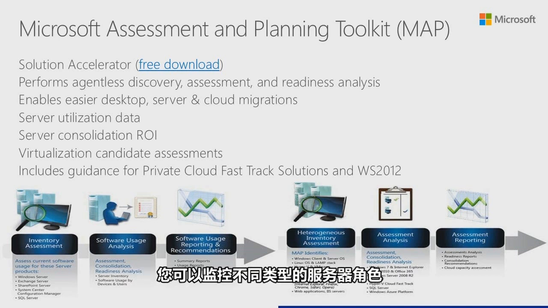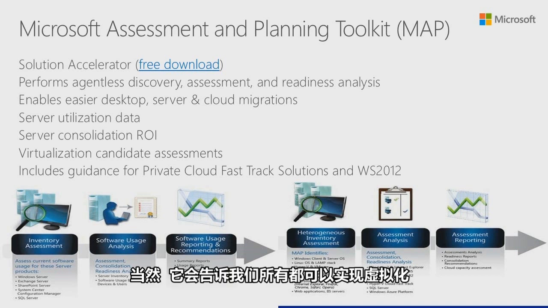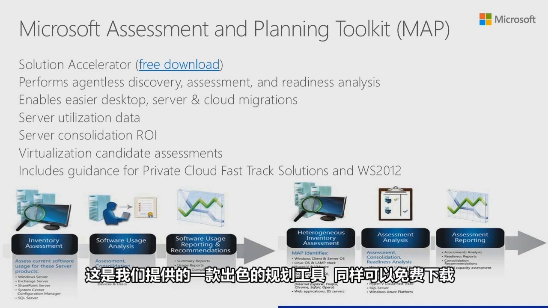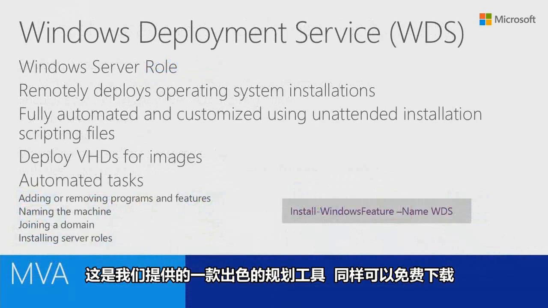So it looks at the different types of server roles you have and makes recommendations for co-location of specific roles on servers and which of these servers are optimal for virtualization. But of course, it's going to tell us everything could be virtualized, right? But it's a great planning tool and again, a free download that we have.